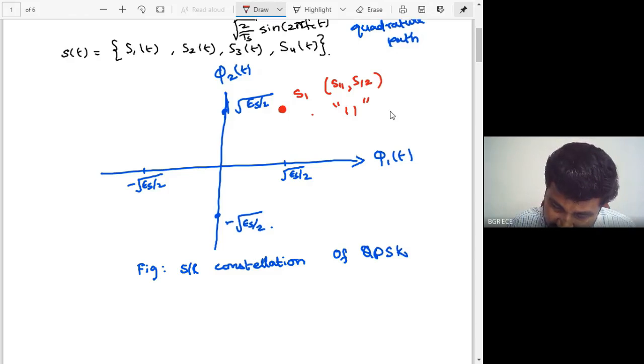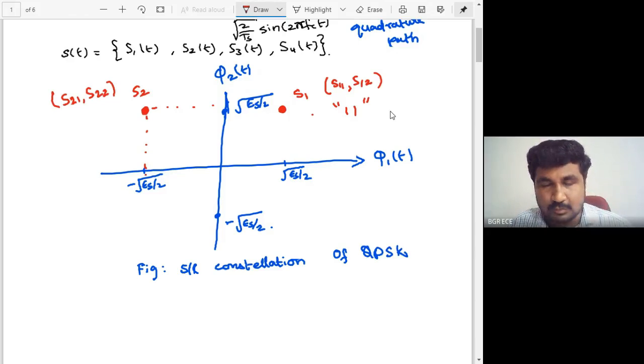Similarly, the message point S2 has coordinates S21 and S22, where S21 is minus square root of Es by 2 on the x-axis, and S22 is equal to square root of Es by 2 on the y-axis.